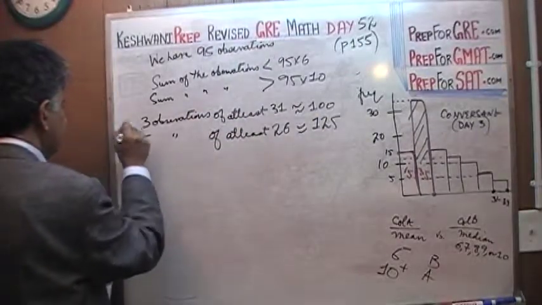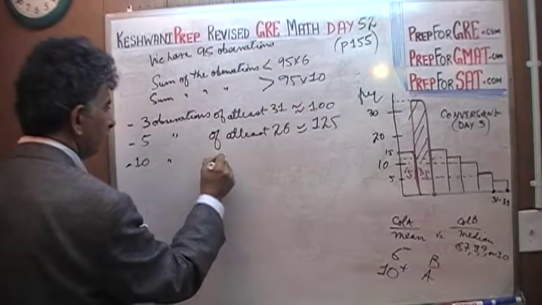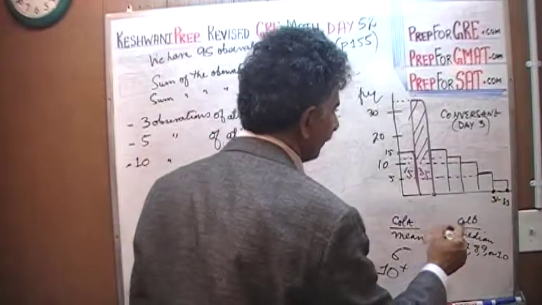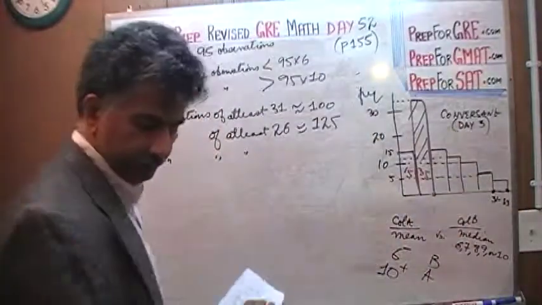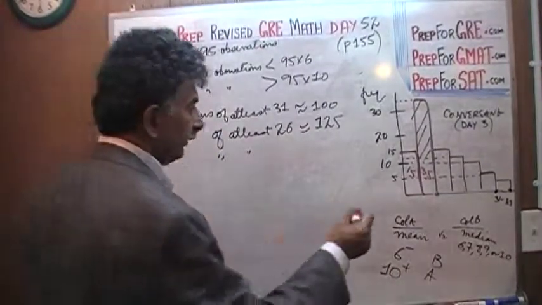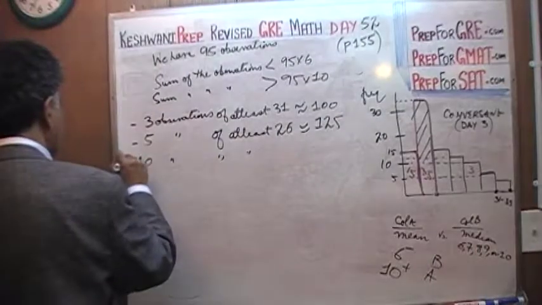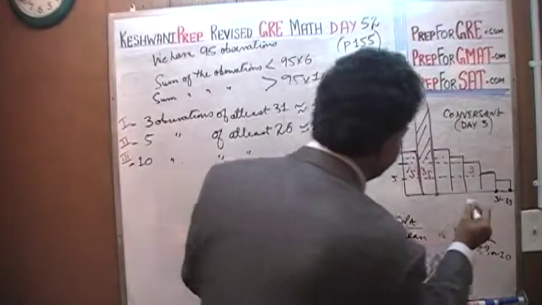Then we have 10 observations of at least, now we are up to here. Let's call it 3. That one was 2. This one was 1.